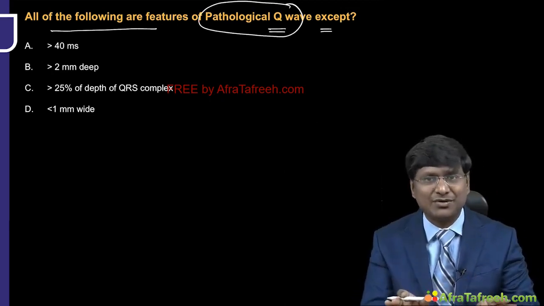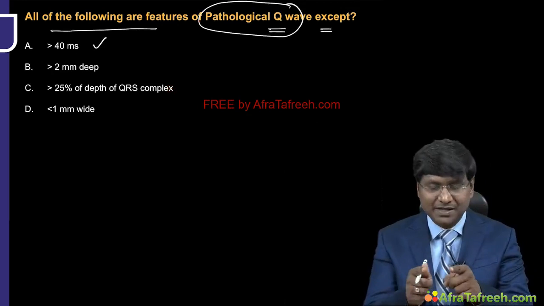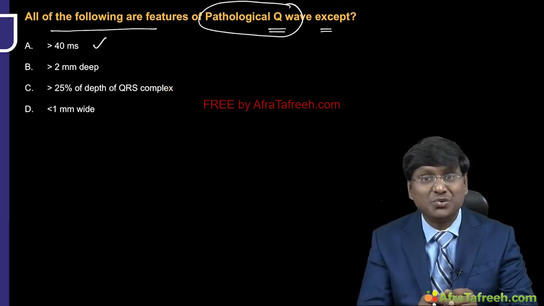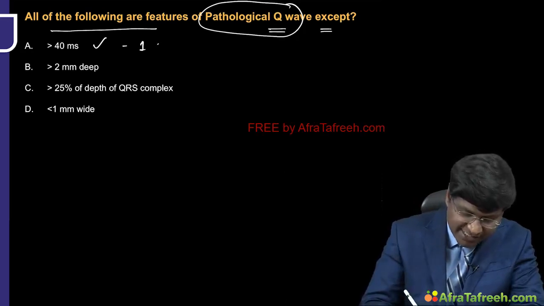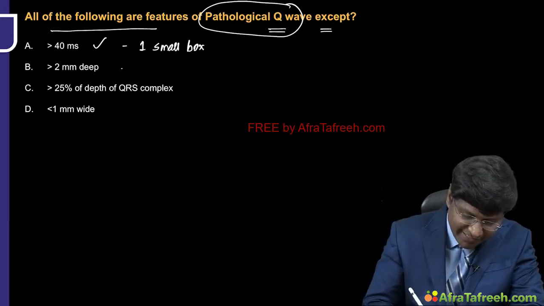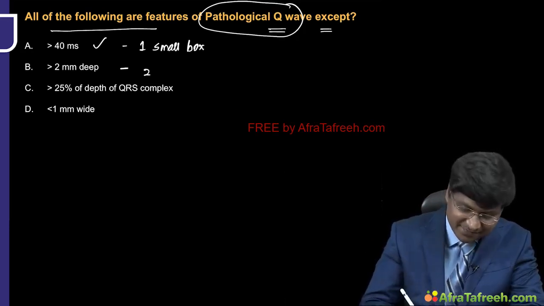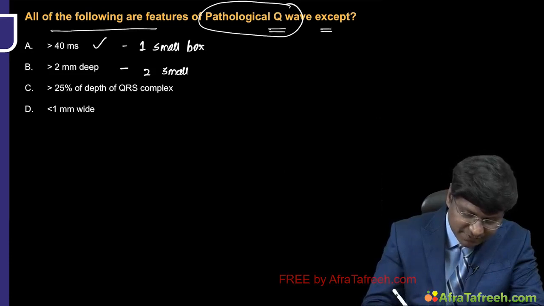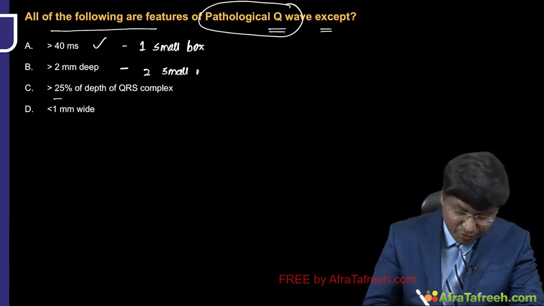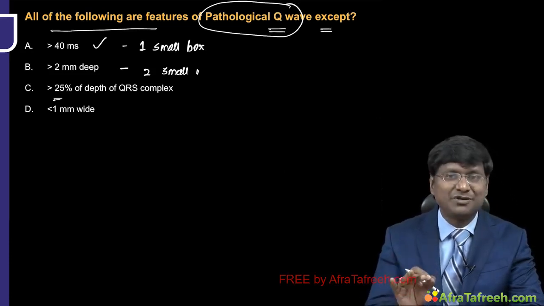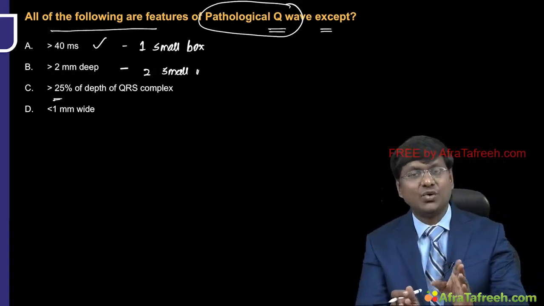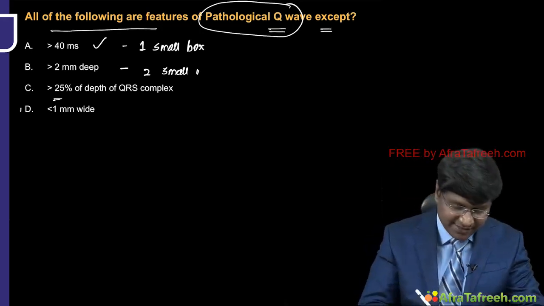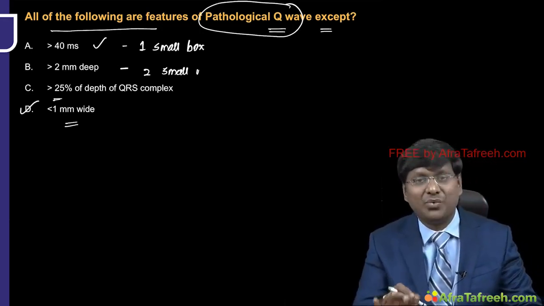To consider it a pathological Q wave, it should be more than 40 milliseconds wide, which means one small box, and more than 2 mm deep, that means two small boxes, and it should be more than 25% of the depth of the QRS complex. But remember, the point which is against a pathological Q wave is less than 1 mm wide.